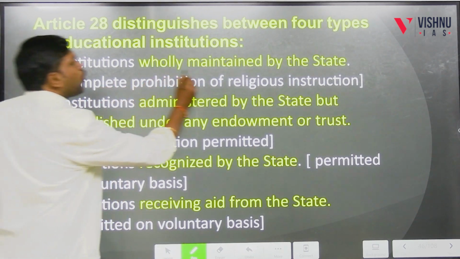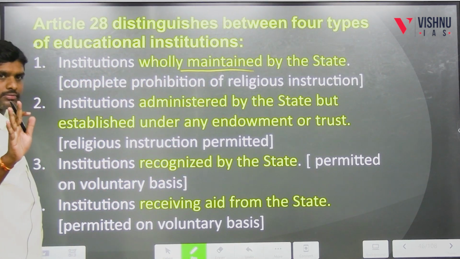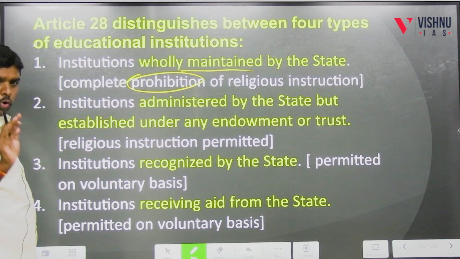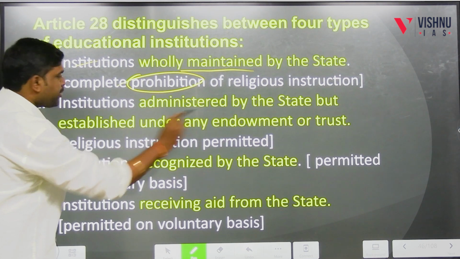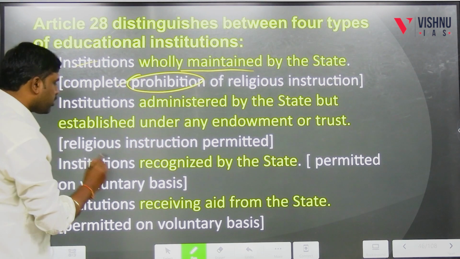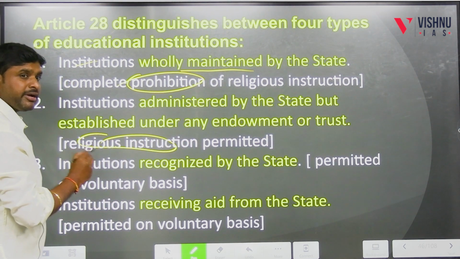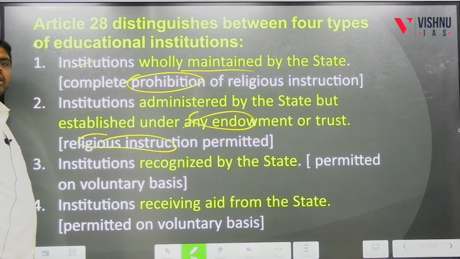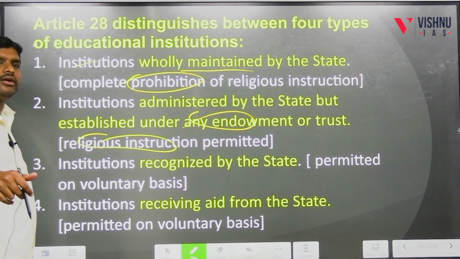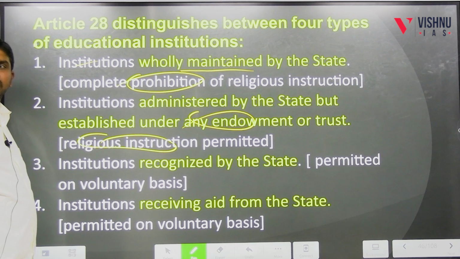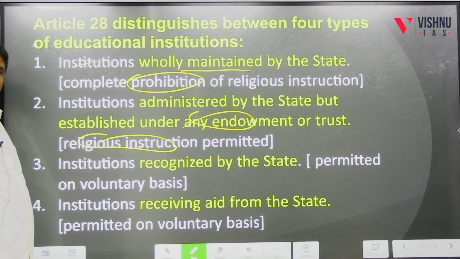Number 1, wholly maintained by the state, not allowed. Complete prohibition. Number 2, administered by the state but established under an endowment or trust, religious instructions permitted. Endowment Act, like Sri Venkateswara University, it is established by an endowment act, and it is clearly mentioned that the Sri Venkateswara University of Tirupati will be partly funded by Tirupati Balaji.